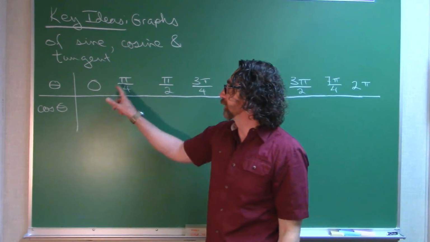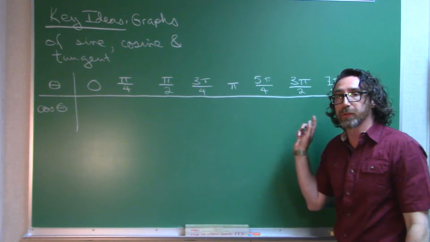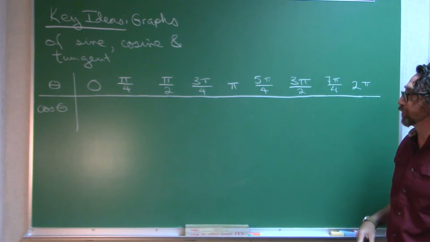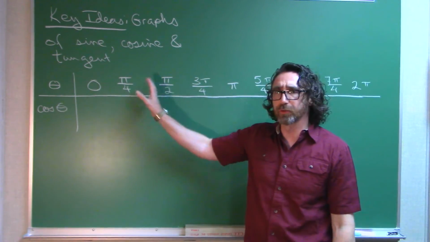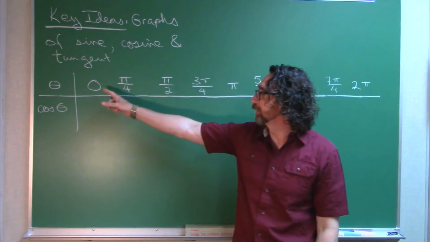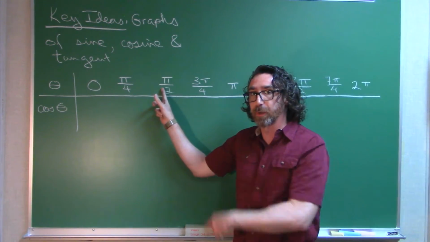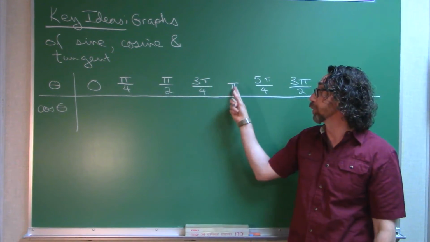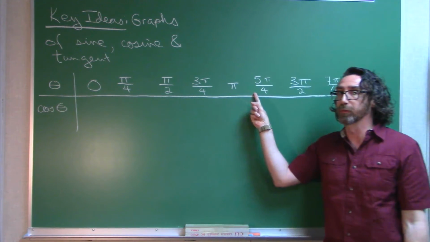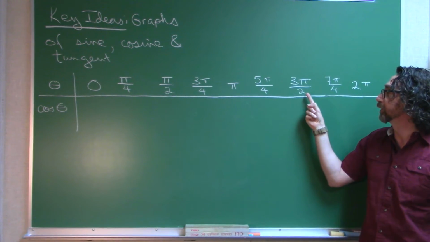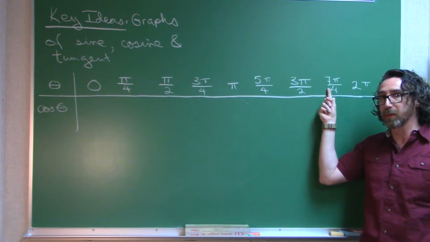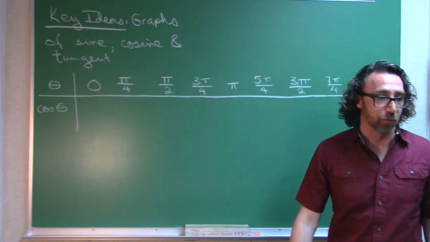So I'm taking steps of pi over 4 units until I get up to 2 pi. And this is, of course, in radians. Okay, so I've got 0 radians, pi over 4, 2 pi over 4, which simplifies to pi over 2, 3 pi over 4, 4 pi over 4, 5 pi over 4, 6 pi over 4, which simplifies to 3 pi over 2, 7 pi over 4, and 8 pi over 4.